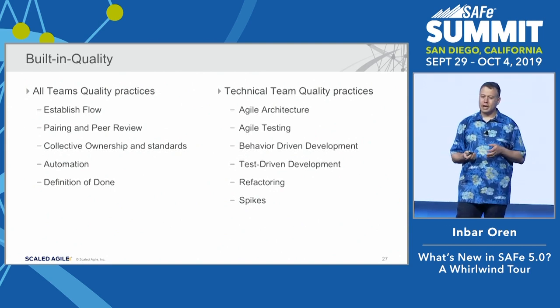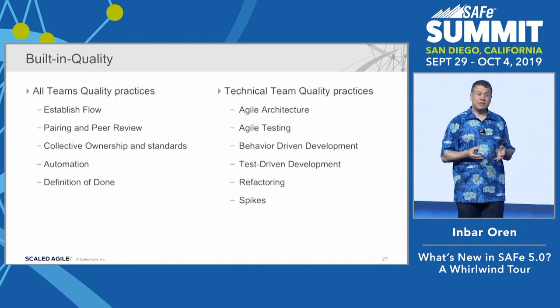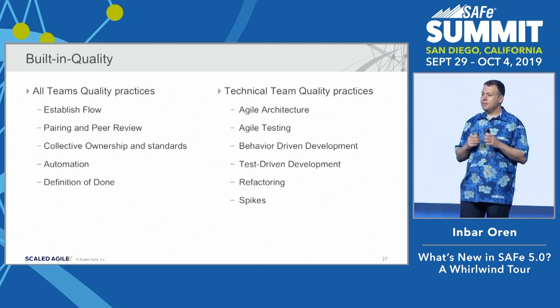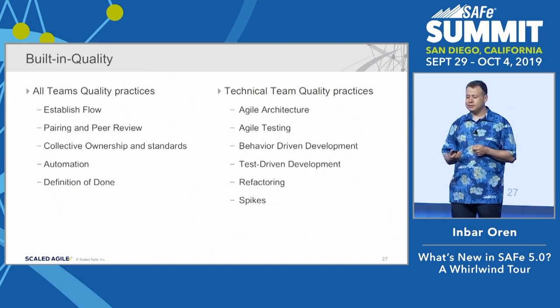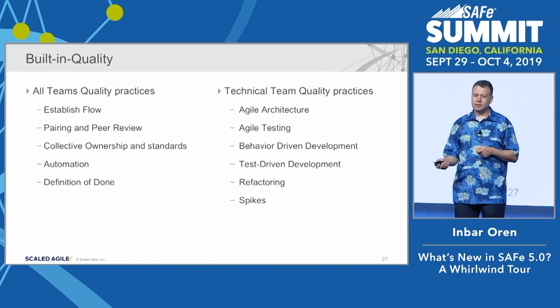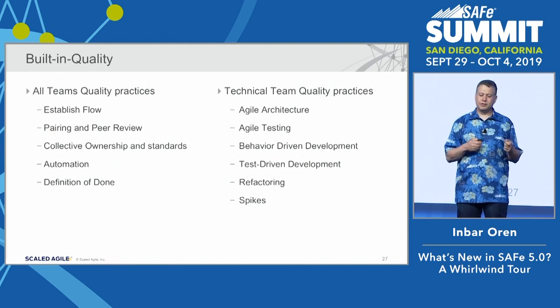But it will also describe that there are some specific patterns that we've identified for technical teams. And the built-in quality article talks a little bit about the fact that people need to specialize their own type of built-in quality, but then take that concept and think about what does it mean for them.